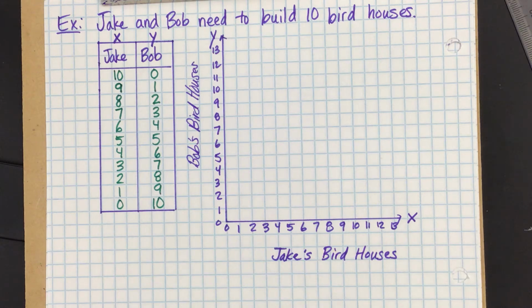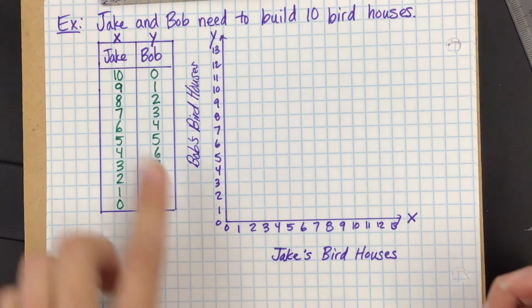I'll give you a second to make sure yours is all set up, and then we'll talk about it. All right. So when we're graphing here, we'll go to that first set.